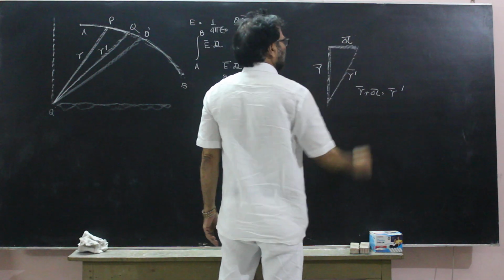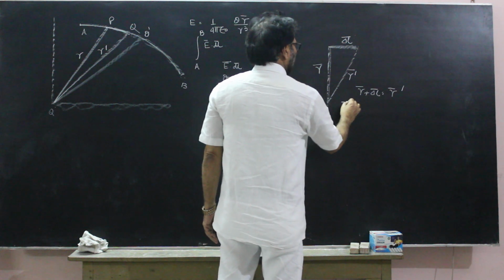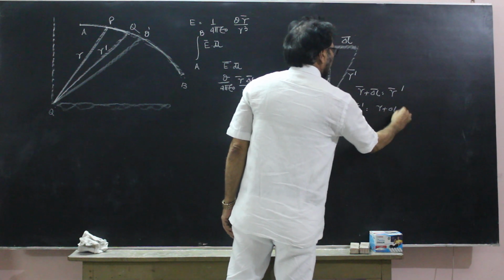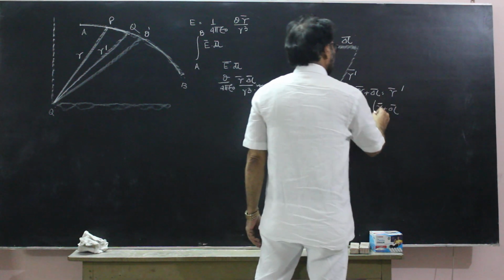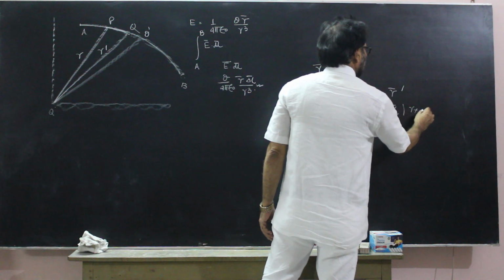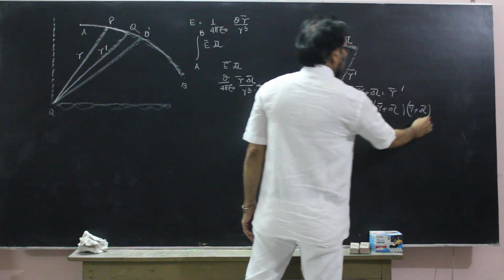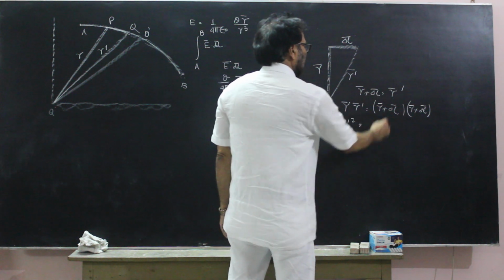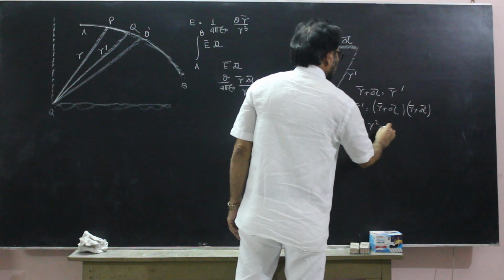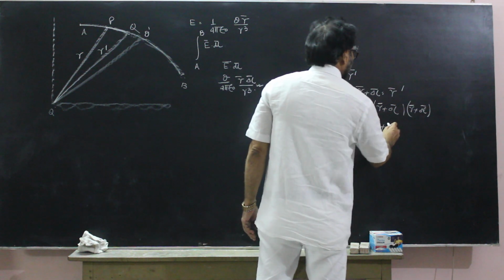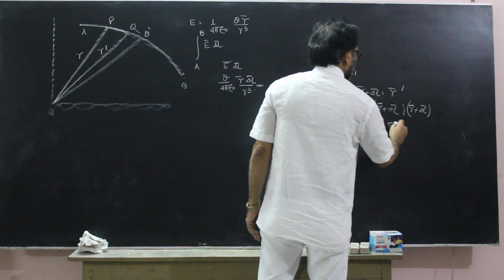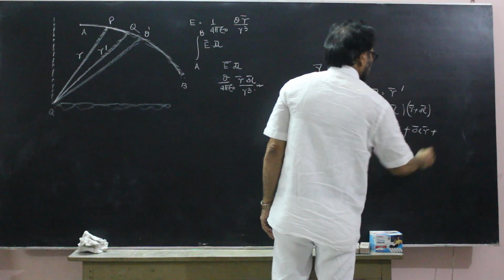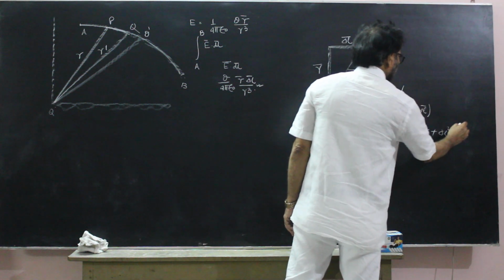काफी छोटा है. अब हम लोग ऐसा लिखेंगे r dash dot r dash is equal to r plus dl, r plus dl, and this is r dash square, r dot r, r square, r dot dl, dl dot r, and dl square.